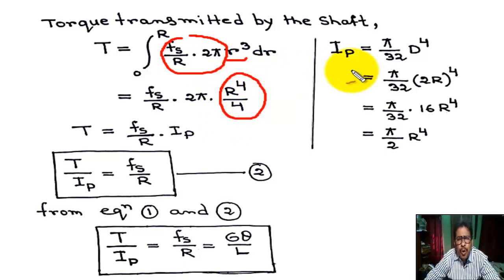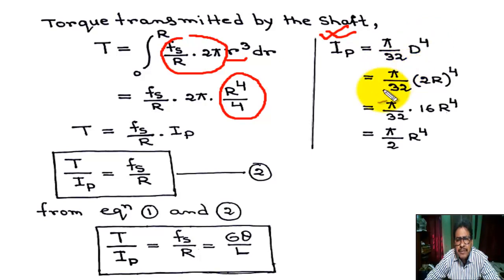Now we know the polar moment of inertia Ip for a solid circular shaft equals pi by 32 capital D to the power 4, where D is the diameter of the solid shaft.